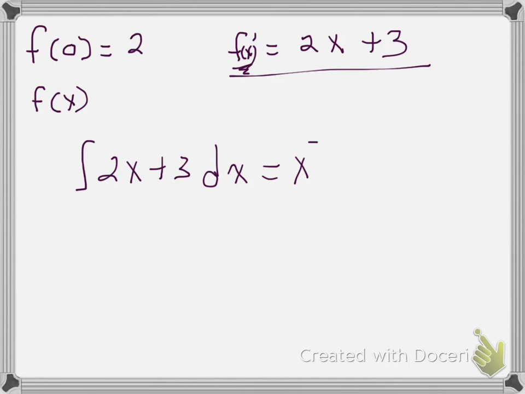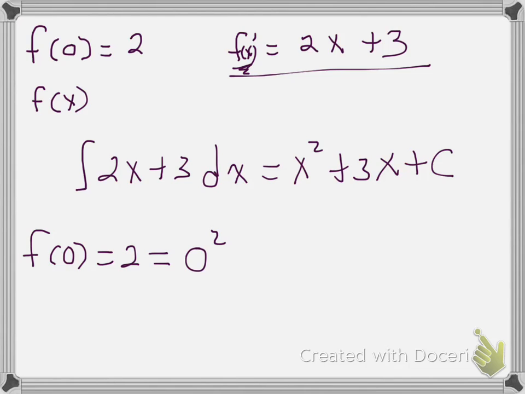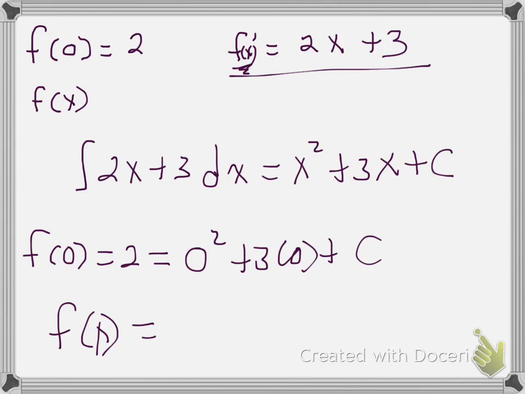And that's going to be x squared plus 3x plus c. And now let's see. I know that f of 0 equals 2. So that's 0 squared plus 3 times 0 plus c equals 2. So c equals 2. So that tells me that f of x is equal to x squared plus 3x plus 2.